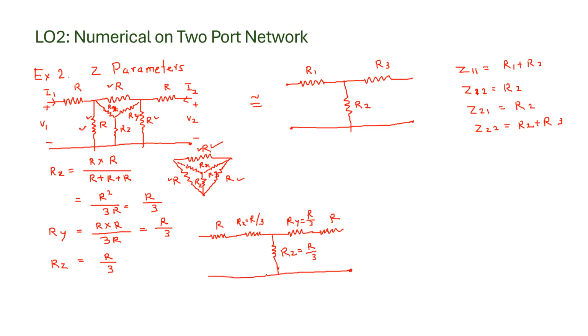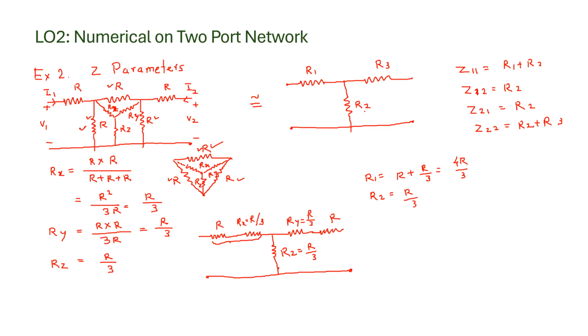So your circuit will become like this. Now this is your R1 value. So what is the R1 value? R1 will be equal to R plus these two resistors, which are in series, so it is equal to 4R by 3. Then the R2 value is R by 3.